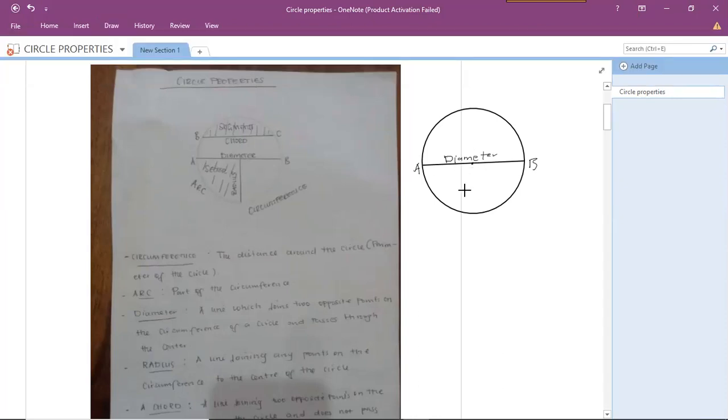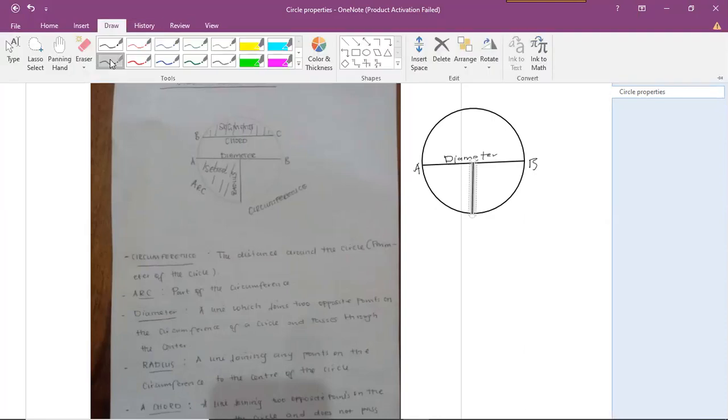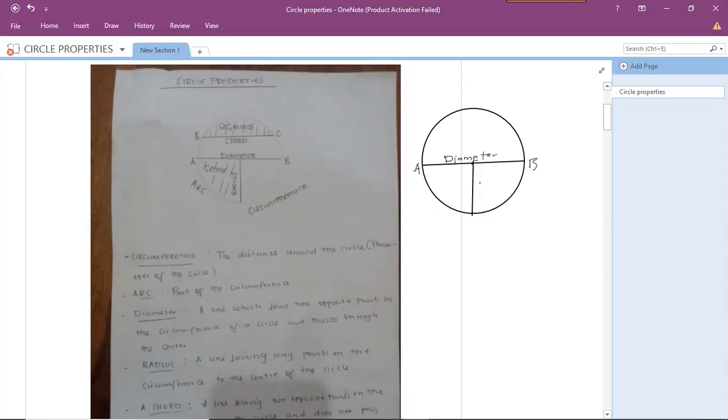Any line that connects the center of the circle to any point on circumference is called radius. So this line right here will be called the radius.